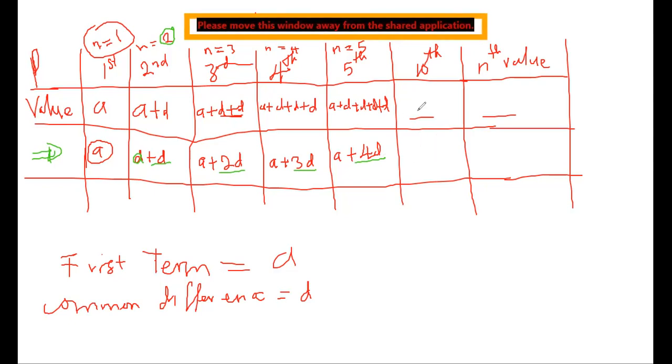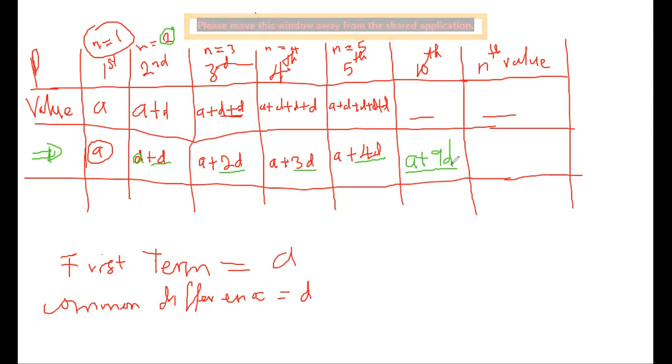Okay, maybe before that, what do you think will be here on the 10th value? A plus 9D. So how do we get the 9D? You add D 9 times, but the n is equal to 10.